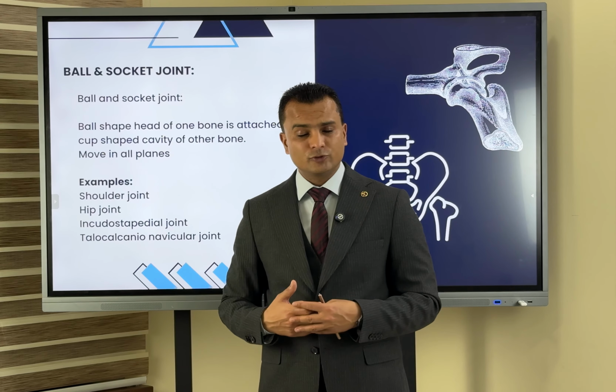These are freely movable joints that help in movement in various directions, in multiple axes. The two major ball and socket joints are the shoulder joint and hip joint. Two smaller ones are the incudostapedial joint of the middle ear, with the incus and stapes, and the talocalcaneonavicular joint in the foot bones.